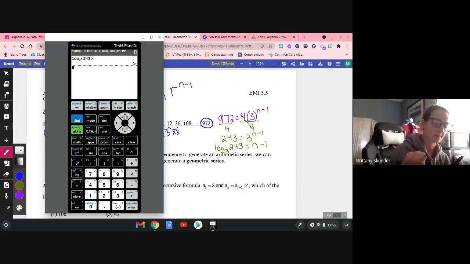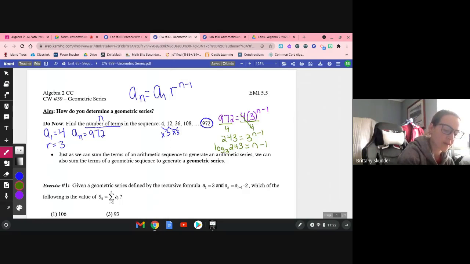Click enter. You'll get 5. Okay. So 5 equals n minus 1. And then you add 1 to the left-hand side to find out that n is equal to 6. So there are 6 terms.